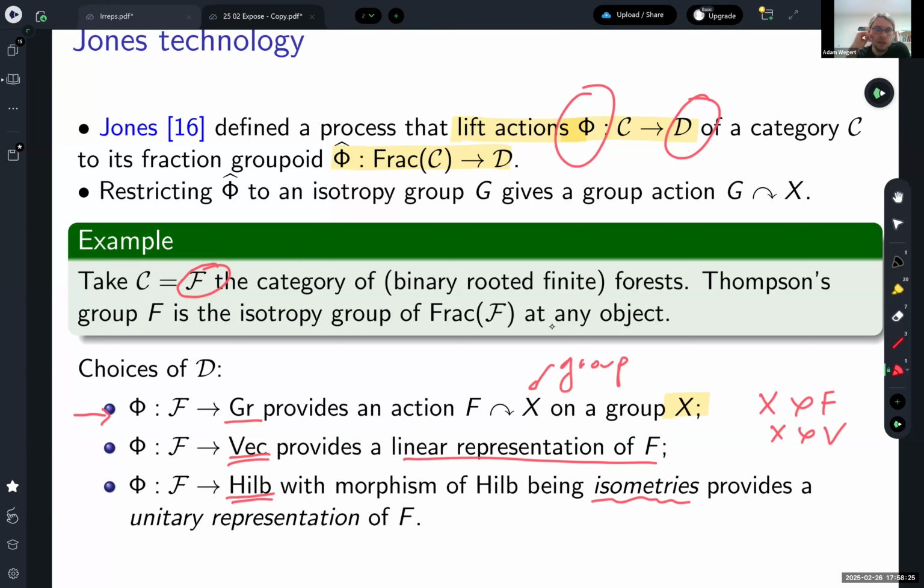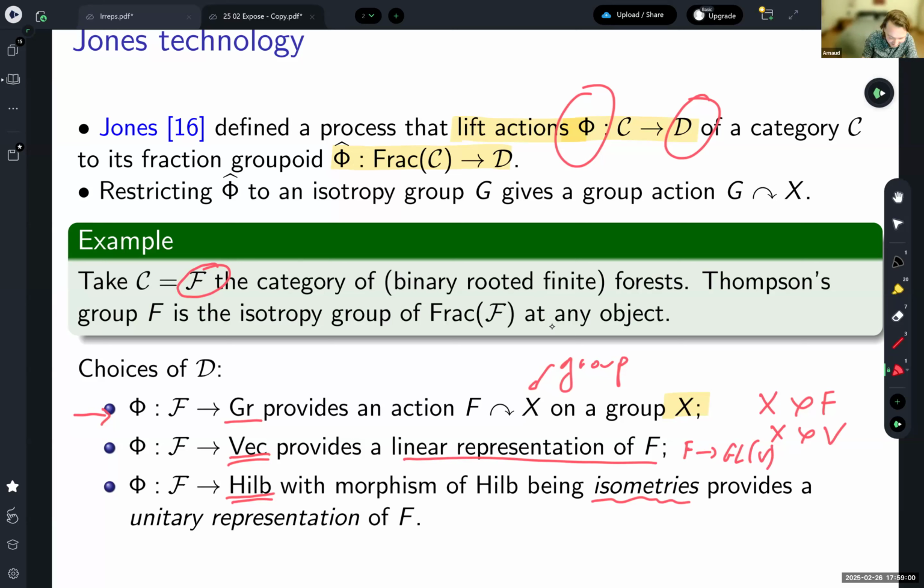For me, it's a map from F to GL of V for a vector space V. Okay, it's fine. An action of a group also goes into the automorphisms of this group. Sorry for bothering. Yeah, maybe the term linear representation is just like a usual algebraic representation. No, it's okay. I was just confused.